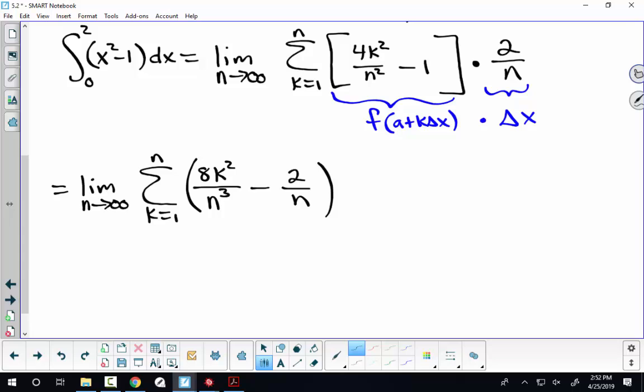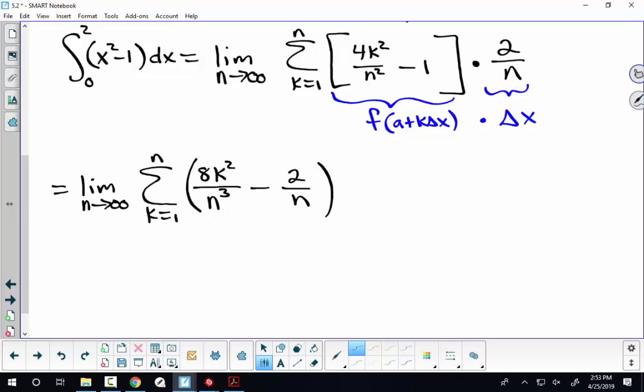So the reason this one's a little bit more difficult is because the last problem just had the 8k squared over n cubed. This one has 2 terms that we have to sum and take the limit of. So I guess there's a couple of things we could do. Is anybody thinking of something specific that we would do from this point?